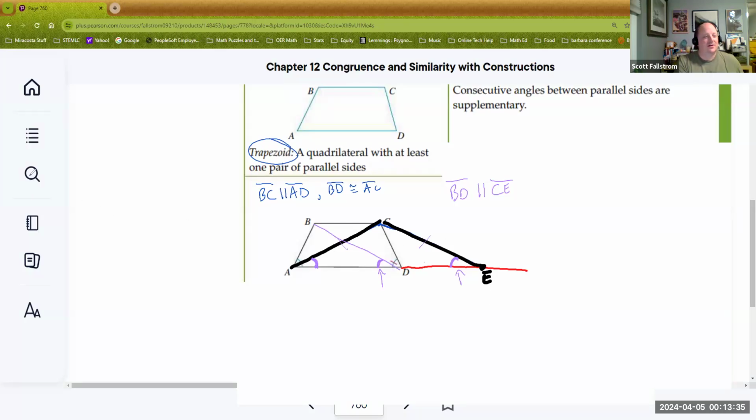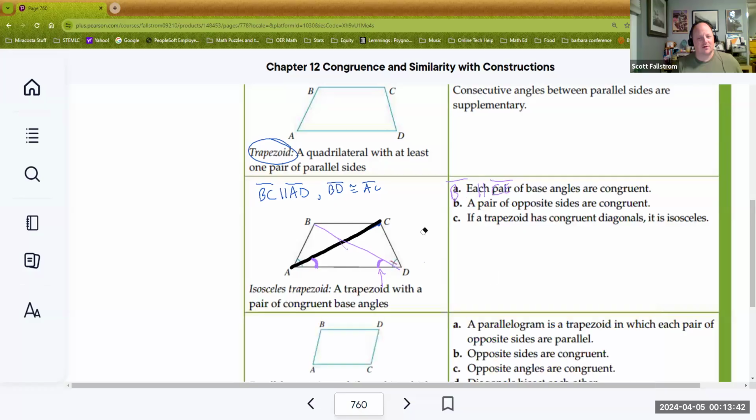Now I'm going to erase parts of those just so we can focus on the pieces we have over here. Let's take a look at what we have. I have congruent diagonals. I have two angles that I've now proven have to be exactly the same. And this length down here at the bottom is congruent to itself. While it's a little bit hard to see, maybe I'll sketch it over here so we can see the two triangles.